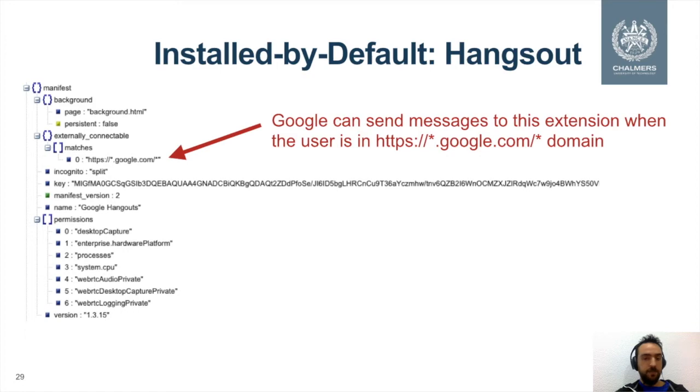This is the definition provided by Google. So in this case, by looking at the Hangouts extension, we can see how in the matches property of the externally connectable key, there is a pattern defined, which basically means that any web page under the Google domain can send messages directly to the extension.